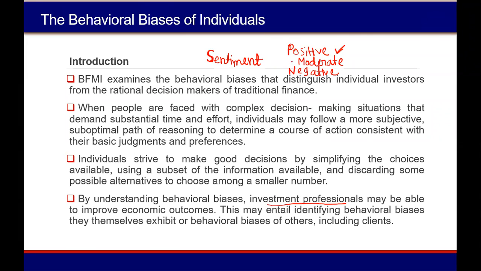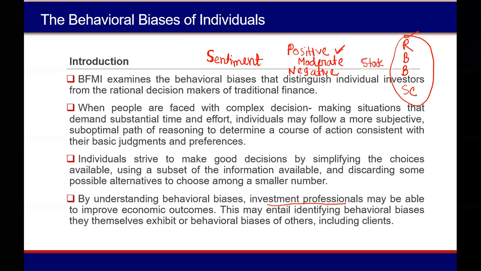So when there is a high sentiment, people want to shift their investment from real estate, from bond market, from bank deposit, from savings certificate. People try to sell off their investment there and to make investment in the stock market when there is a positive sentiment in the stock market.